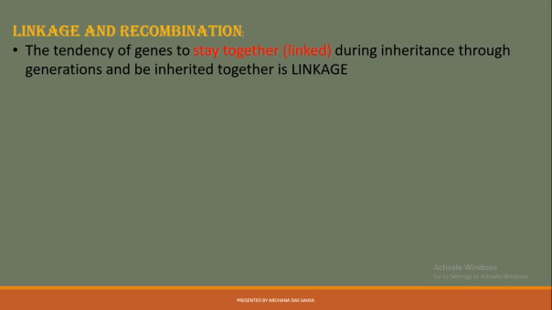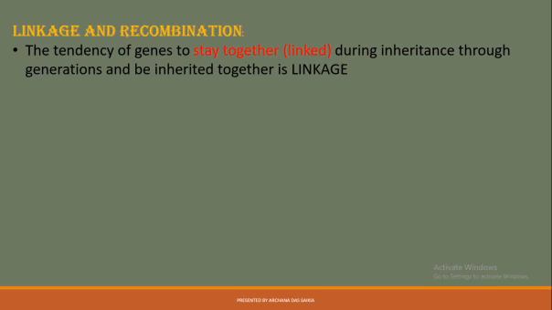We have already seen in the chromosomal theory of inheritance that genes are located upon the chromosomes in a linear order. So some genes are so closely placed together that when they pass to the next generation, they move together, they remain together.